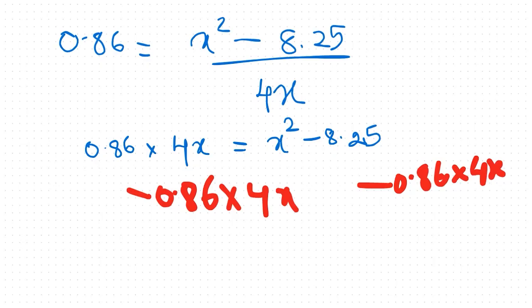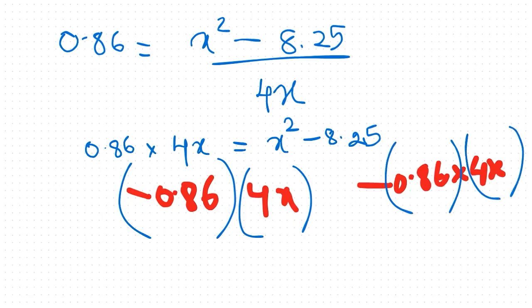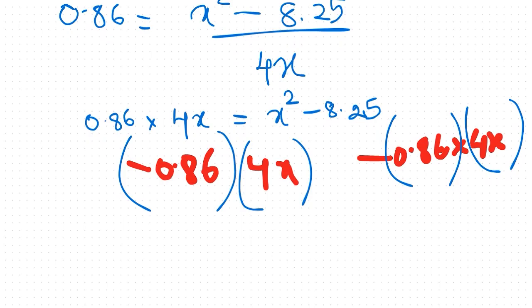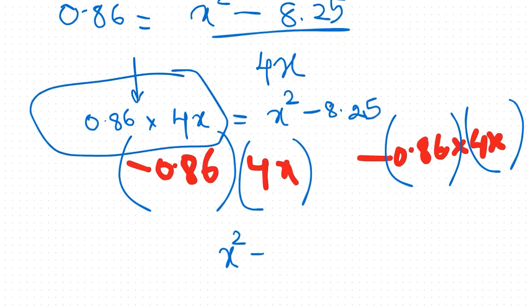So I subtract it on both sides. This is not x, okay? This is multiplication. But we have x here and an x there.